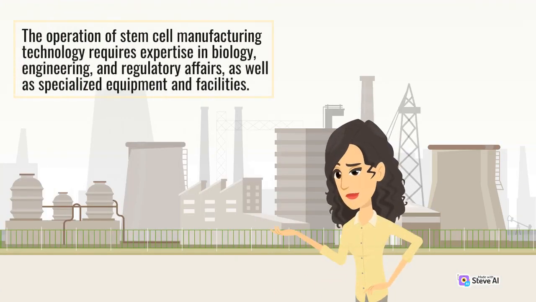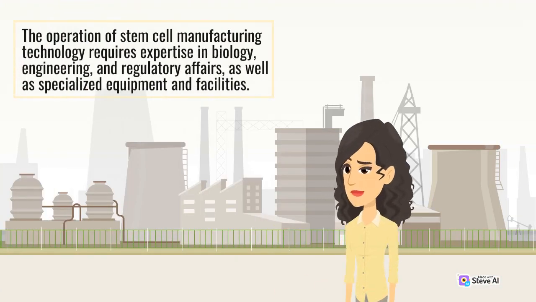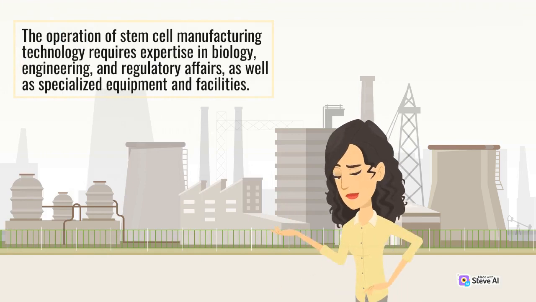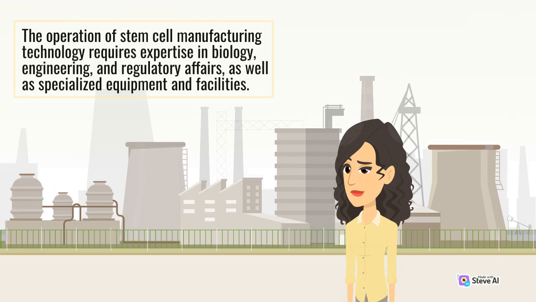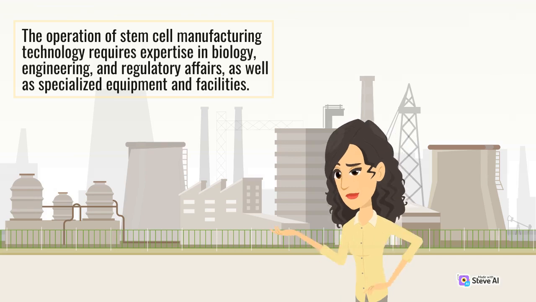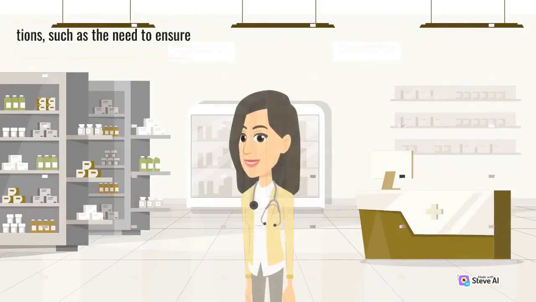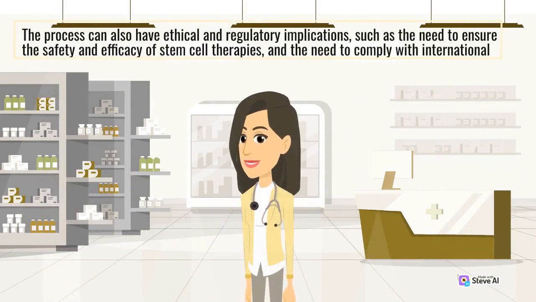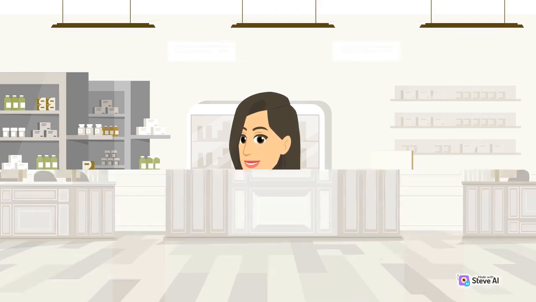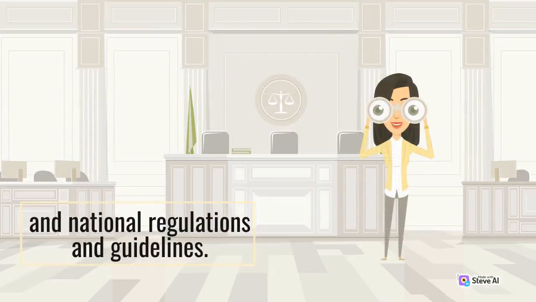The operation of stem cell manufacturing technology requires expertise in biology, engineering, and regulatory affairs, as well as specialized equipment and facilities. The process can also have ethical and regulatory implications, such as the need to ensure the safety and efficacy of stem cell therapies, and the need to comply with international and national regulations and guidelines.